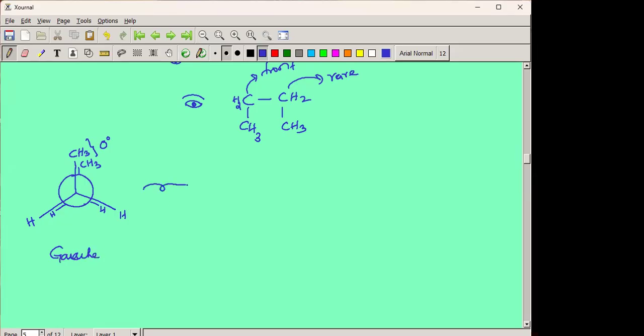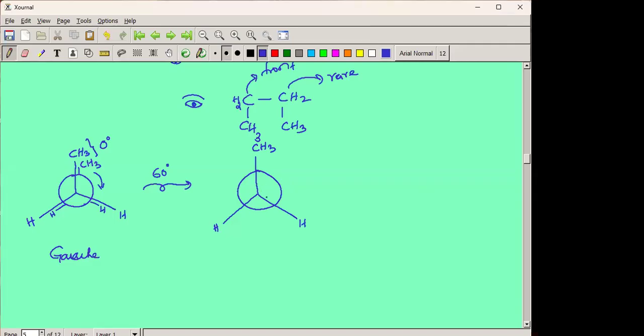When this is rotated by 60 degrees through the rear carbon atom, not the front carbon atom, the groups on the front carbon atom do not change position, but the rear ones change by 60 degrees.